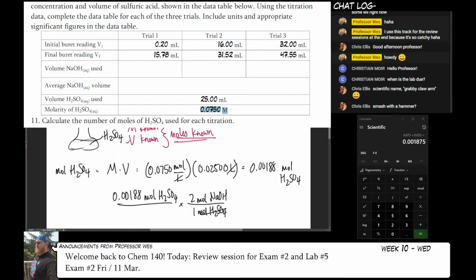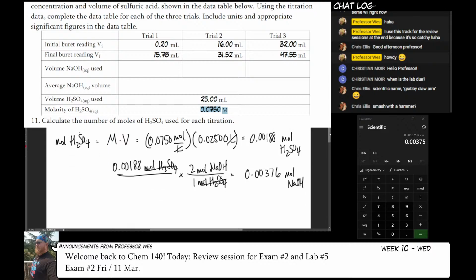Again, that's from the balanced equation that we showed way at the start of the document. So we just take this number and times it by 2. Actually, I guess if I put in 0.188, it would be 0.00376. So I'll write that down. That's fine if you wrote 375. So that's how many moles of sodium hydroxide are in this sample, or that are needed to titrate this sample, I should say.